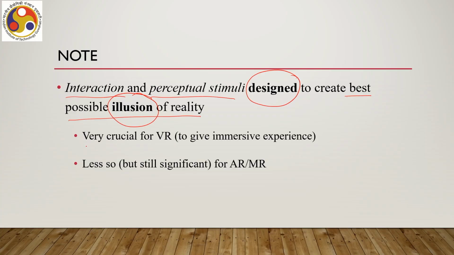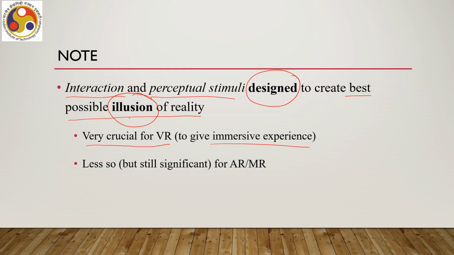Now, this idea, of course, as we have mentioned earlier, is very crucial for VR, because here we are supposed to be totally immersed in the virtual environment to give an immersive experience. Since in case of AR or MR systems immersion is partial, we are still able to view or experience the real world.